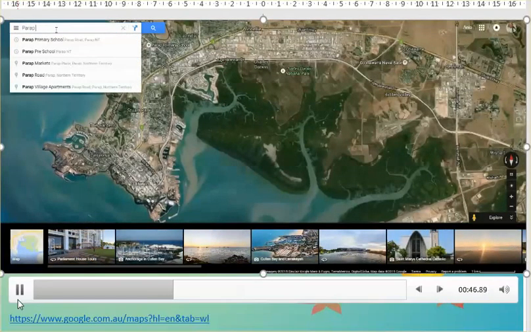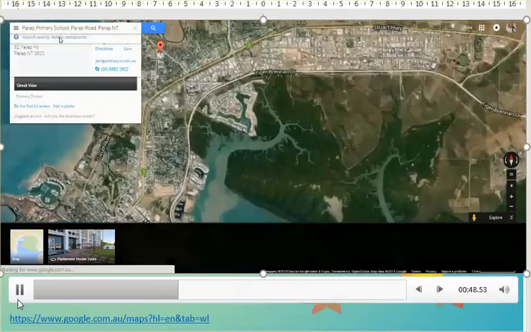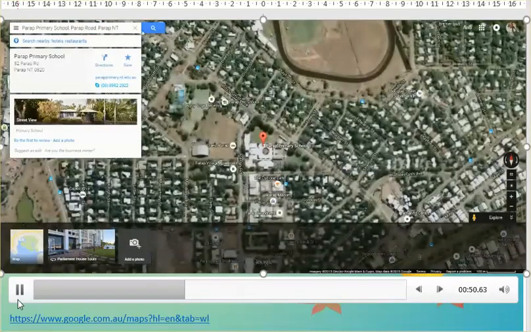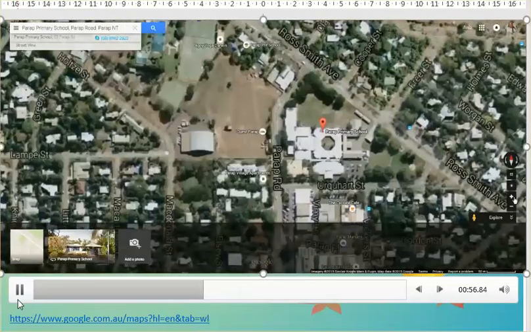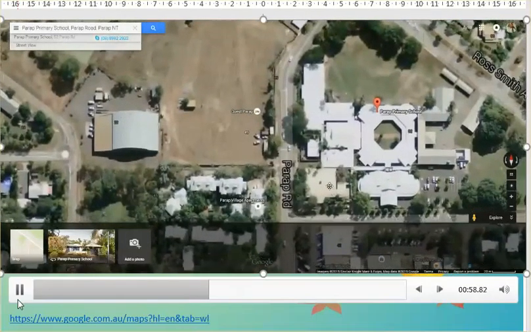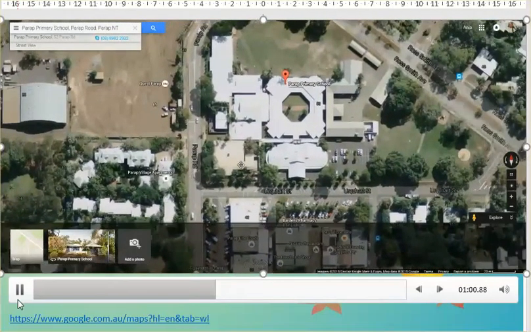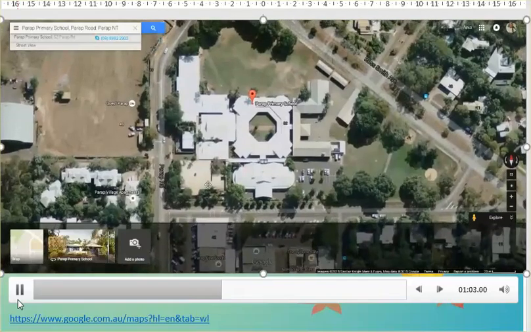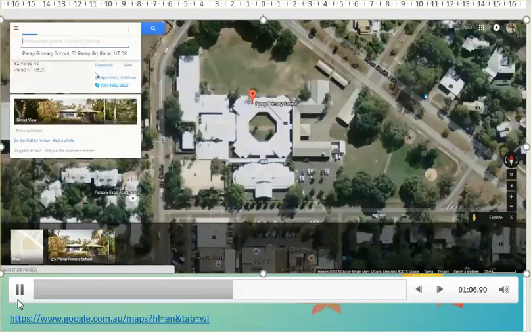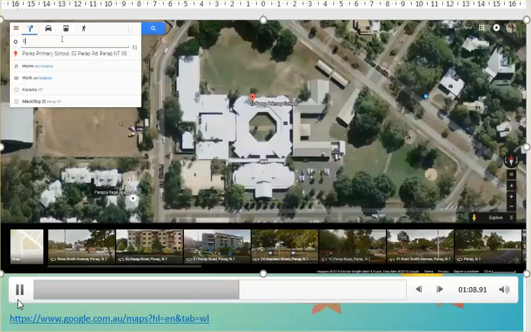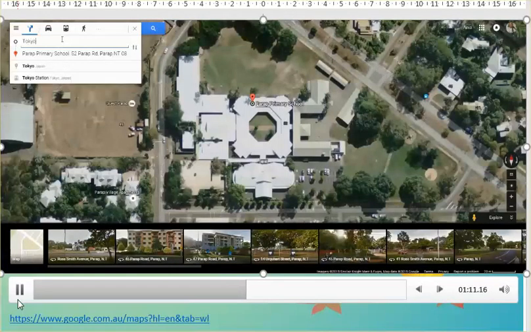Not that they don't know by now, but it's also an opportunity to explain to students this is a Western way of working with maps. This is one way of mapping the land. Obviously, this is not the only way. Western cultures don't have a monopoly on mapping the land.